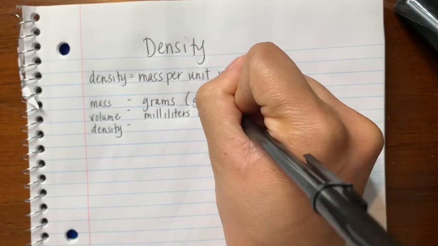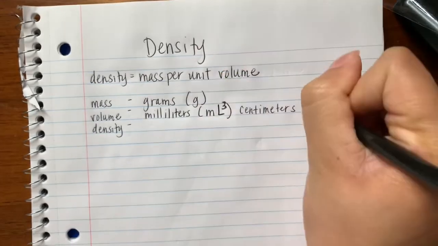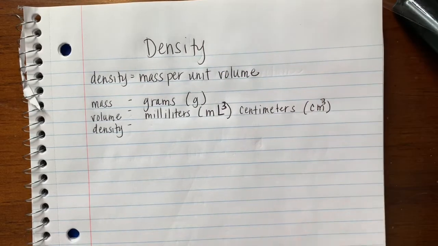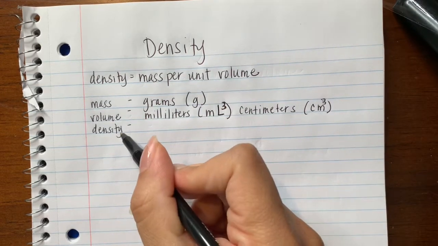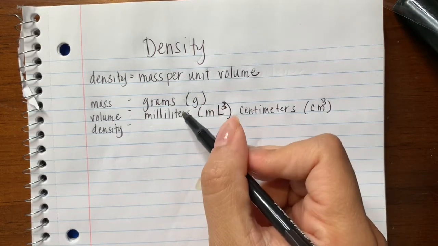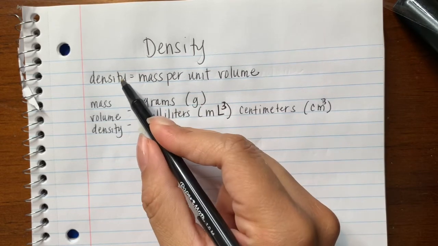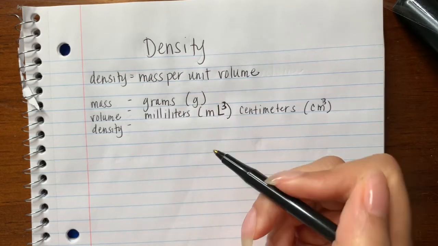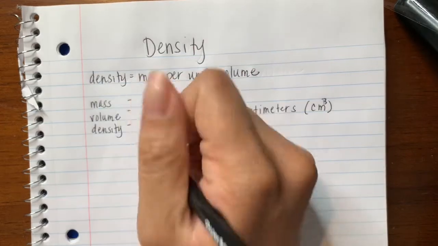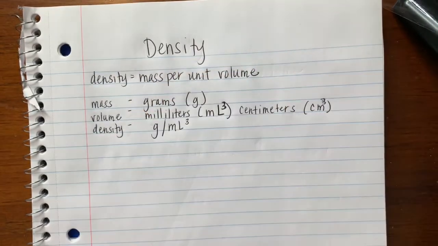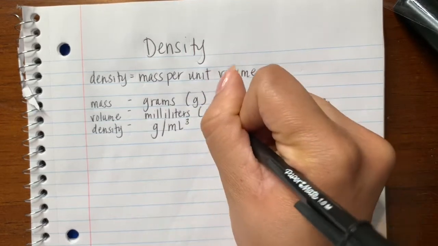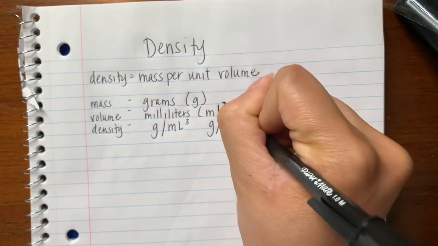Both of those are going to be cubed, so you'll see the number 3 at the top. Okay? Now, density is both of these units combined, because density, which we'll get into, is mass divided by volume. So we're going to have grams either over milliliters cubed or grams over centimeters cubed.